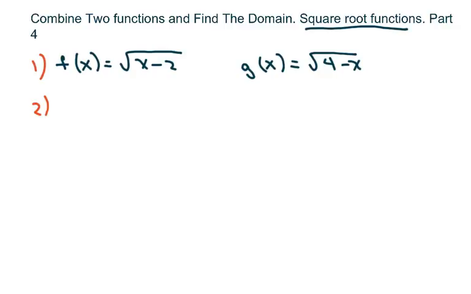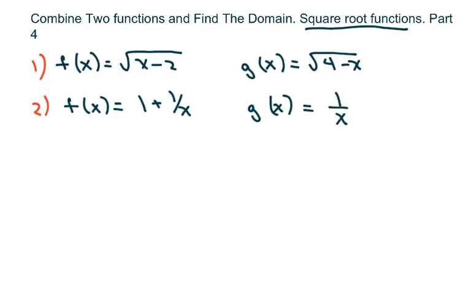The second one is f of x equals 1 plus 1 over x, and g of x equals 1 over x. Okay, we have to do 4 things to these. First, we're going to find f plus g of x.